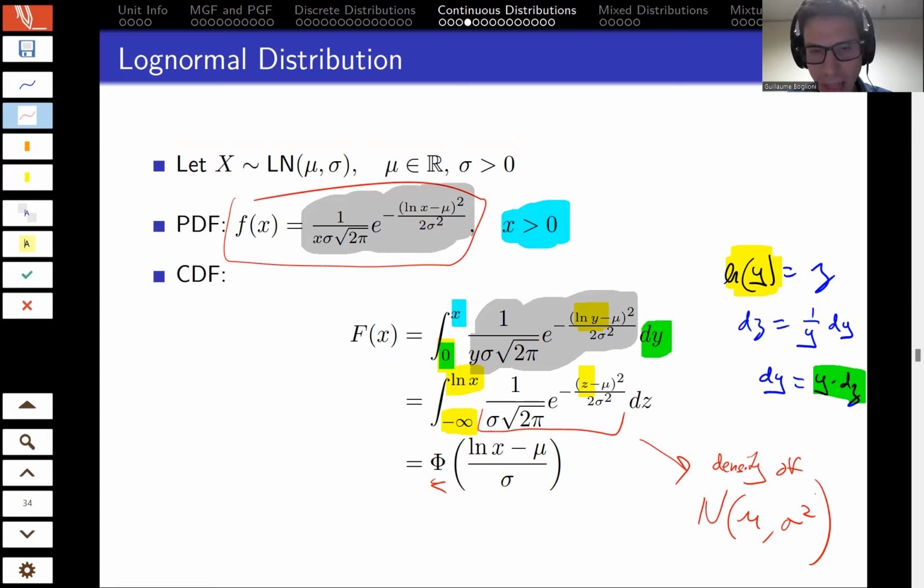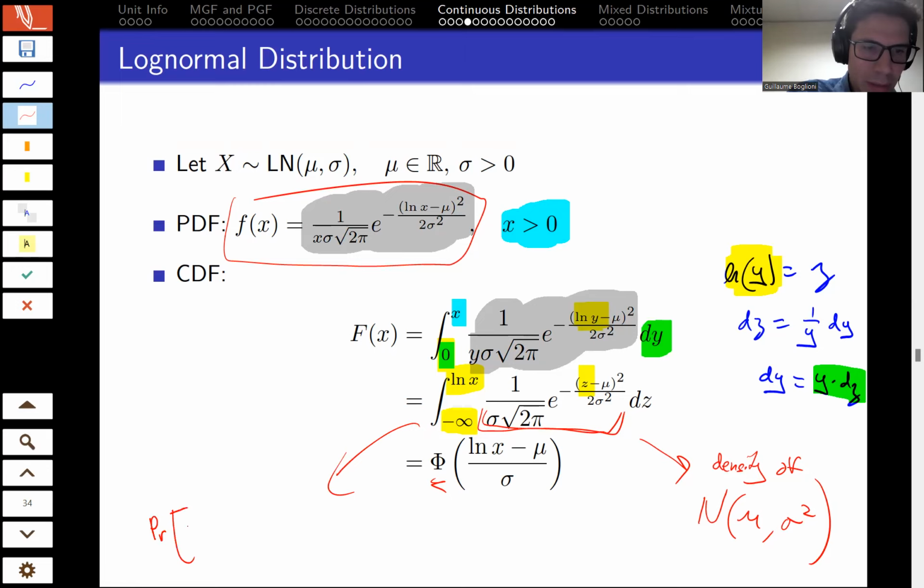This is the density of a normal mu sigma. But then when you integrate from minus infinity to ln x, you are getting the CDF of this density at ln x. So this is the probability that a normal mu sigma squared is smaller or equal to ln x.